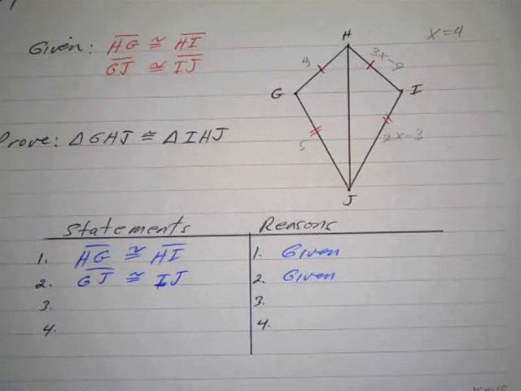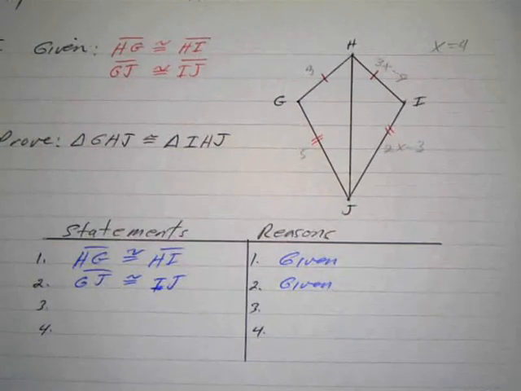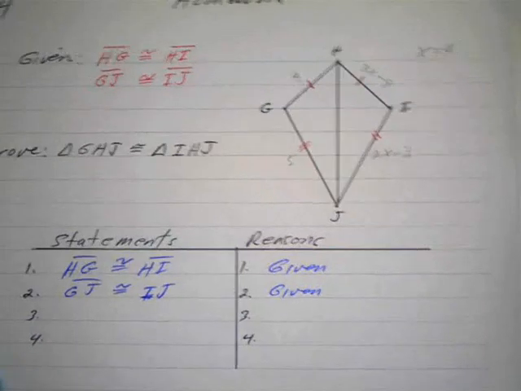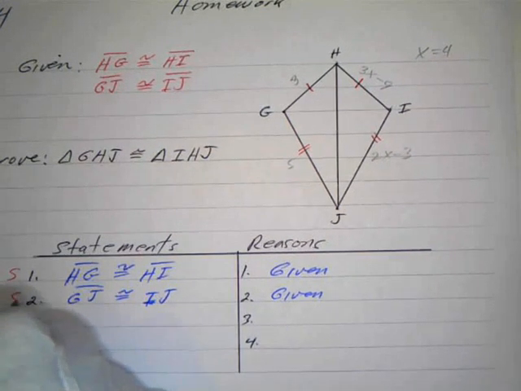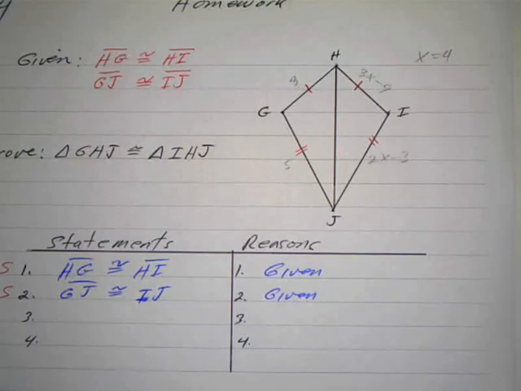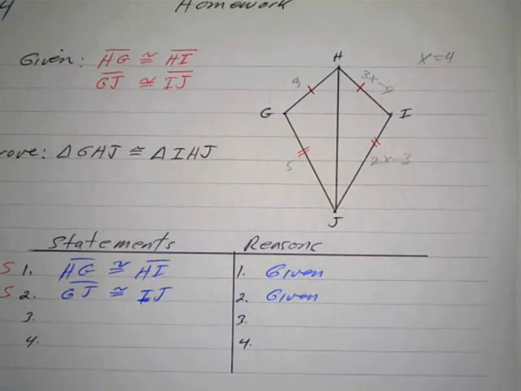And if we look at our triangles, we have two ways to prove triangles are congruent: side, side, side, or side, angle, side. So I'm going to probably go with side, side, side, because I have a side here and a side there. And I just need one more side. Okay. Remember, we've talked about this before.